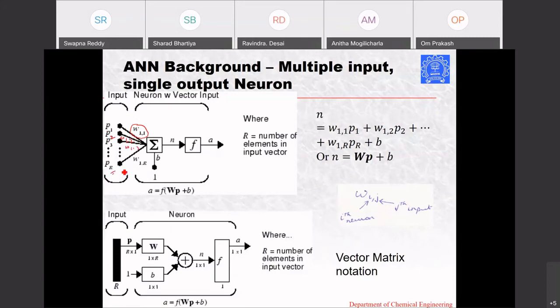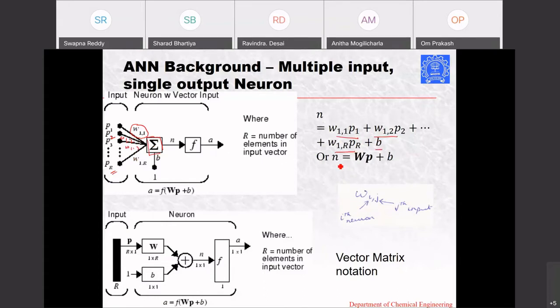So if there are R inputs, you will have this entire set of weights. Although there is one neuron, there are many inputs, and these different inputs could be coming from different neurons. This then gets summed, so what you get is W11P1 plus W12P2 plus up to W1RPR plus B.